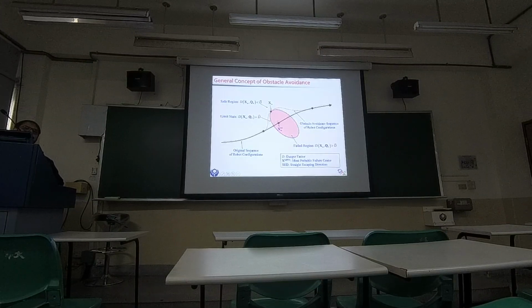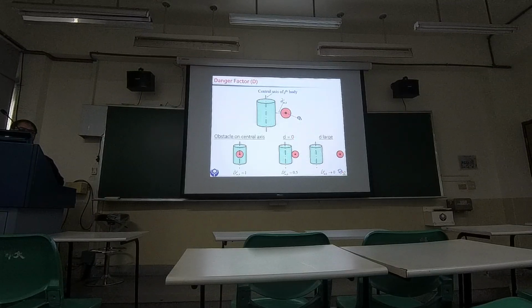So we denote the distance from the obstacle to the robotic configuration through a danger factor, and we insist in our code that the danger factor has values from 0 to 1, which denotes the distance between the colliding point and the safe region. So what is actually the danger factor? This is the center axis of the body, and we look at the distance between the obstacle configuration and the center axis.